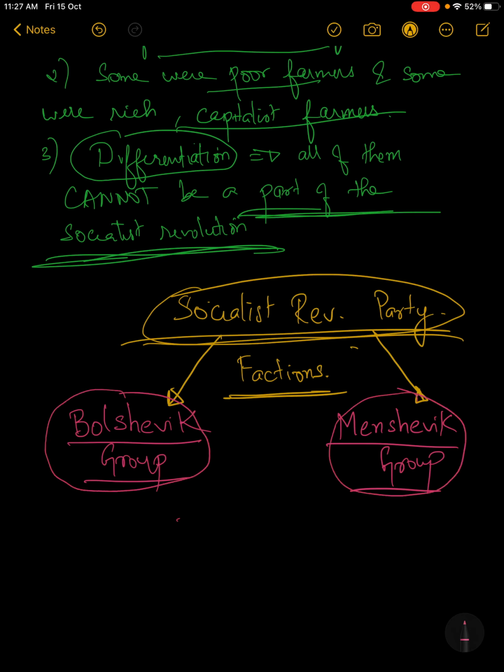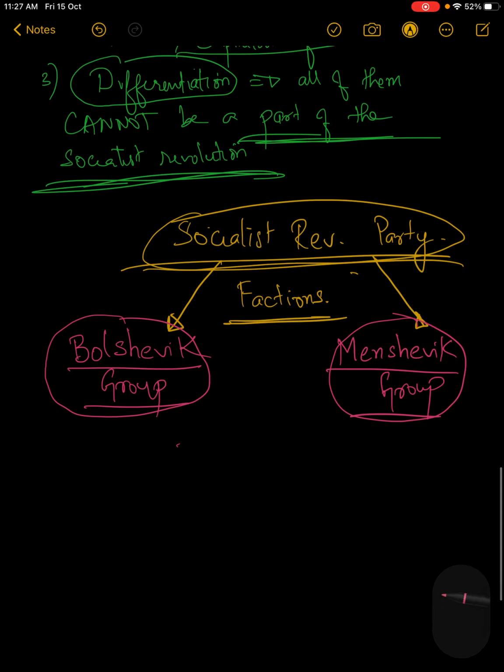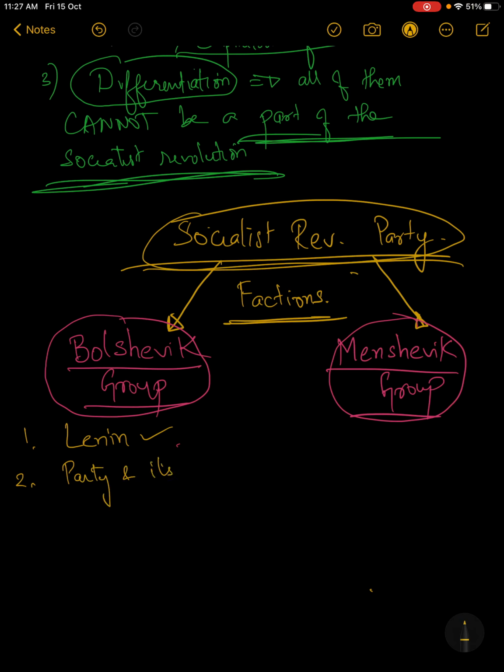Now, let us see what the basic difference was. The Bolshevik group was led by Lenin. He said that the party and its members, be very mindful about this, should be disciplined.